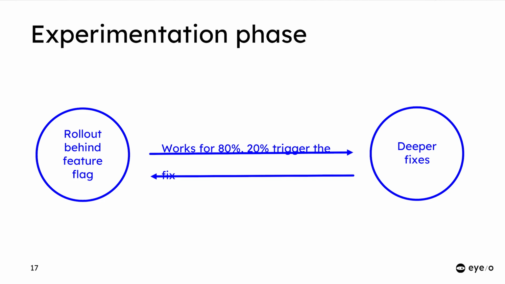We rolled it out behind a feature flag because it was a very, very critical feature, so we didn't want to roll it out to 100% of the users. And it worked for 80% of our users. For 20% of our users, we saw constant triggering of the fix because of service worker restarts.